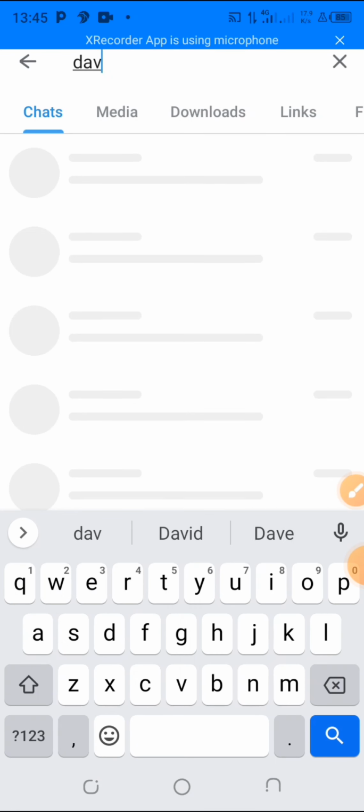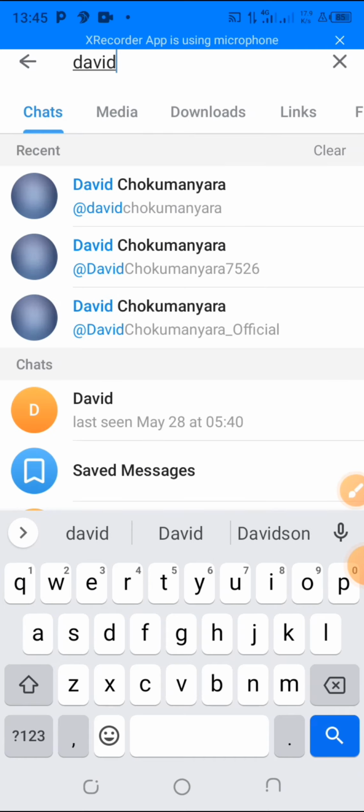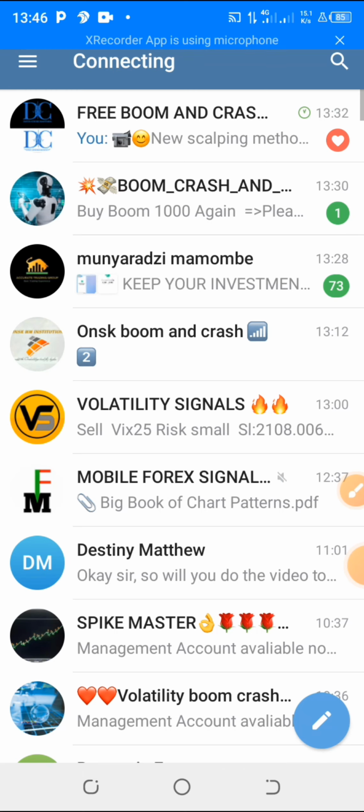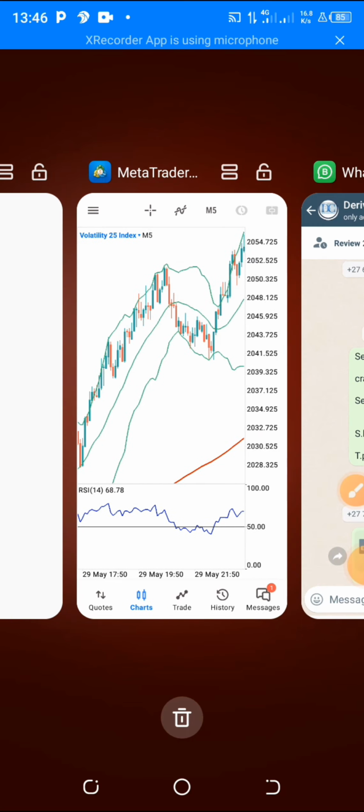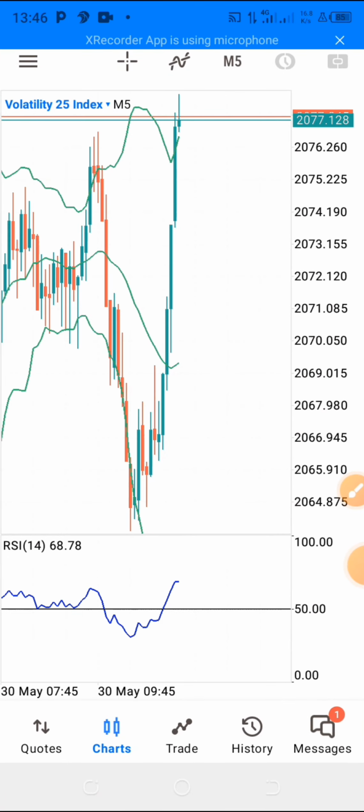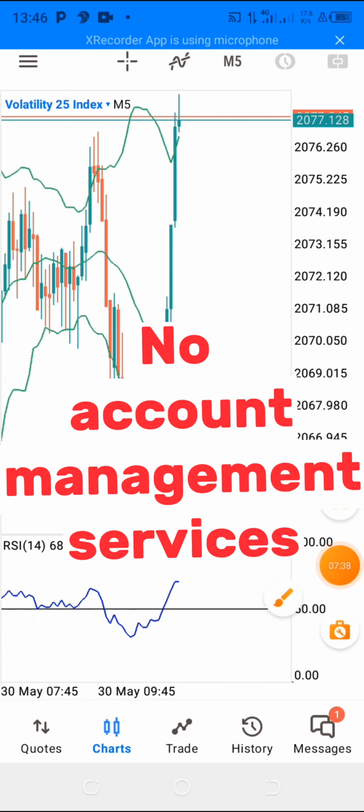I was astonished that these groups have a lot of members. I remember the other group actually had 2,000 people. So please, this is not me. I do not inbox anyone for account management services. A lot of people have been scammed, and the bad part is these people are using my profile picture and my name to tarnish my image.